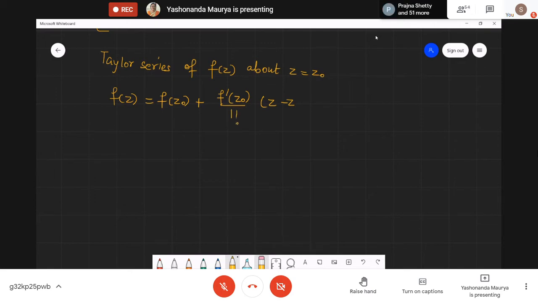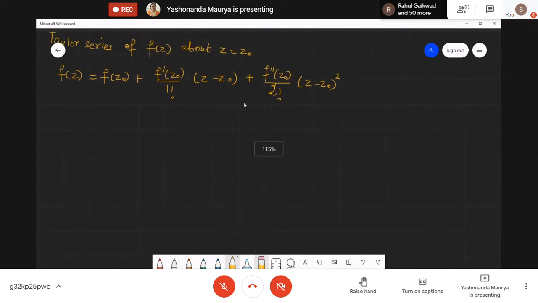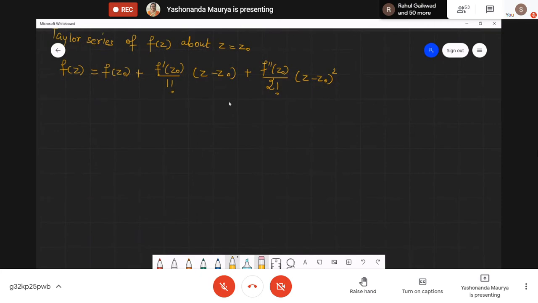Now it is second derivative at z0 divided by 2 factorial into z minus z0 whole square. Okay, this is actually the Taylor series, the fundamental expression. If nothing works, then this will definitely work.